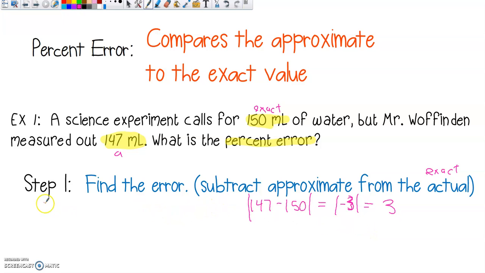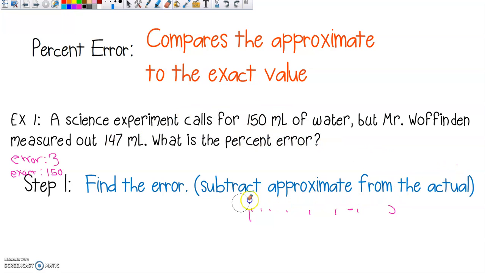So the error, and I'll write this off to the side, my error is 3, and my exact amount that I wanted was 150. So now let's move on to step 2. I'm going to erase these really quickly. Okay.